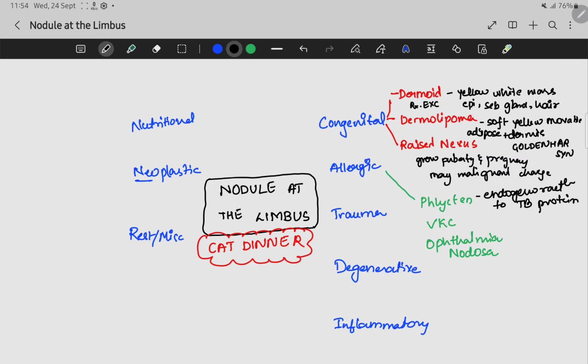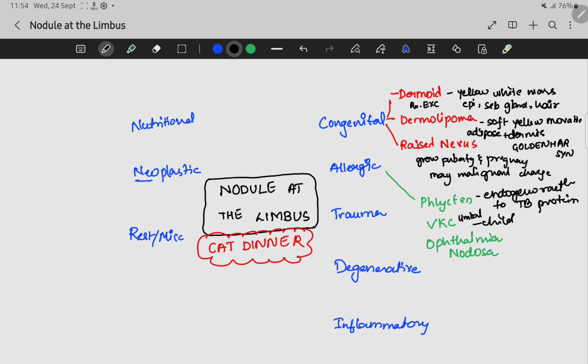So VKC, we know there are multiple nodules in the upper limbus, and there are also superficial spots, and there is ropey discharge, and there can be recurrence. It is more common in children and young adults. So the limbal form of VKC.